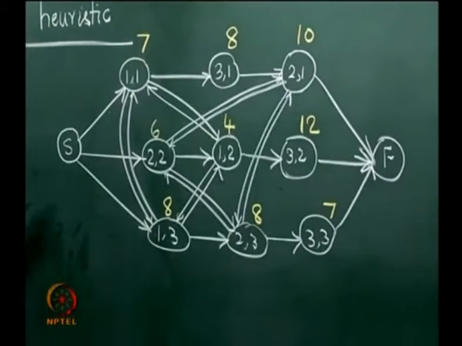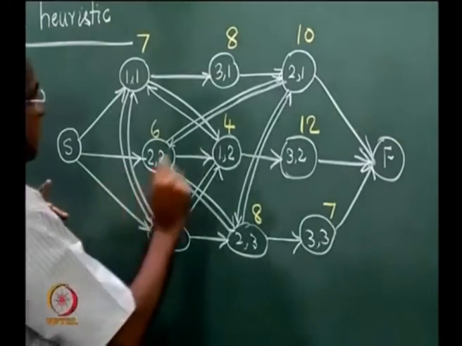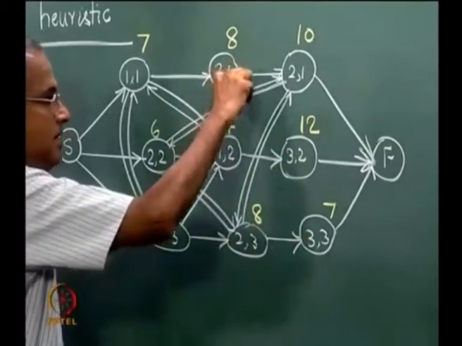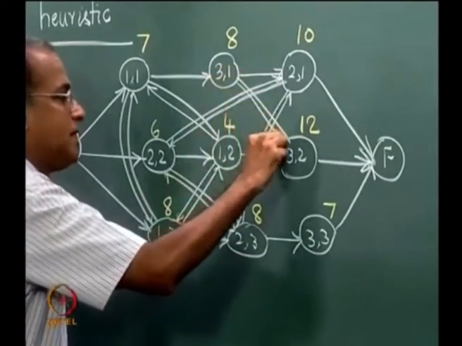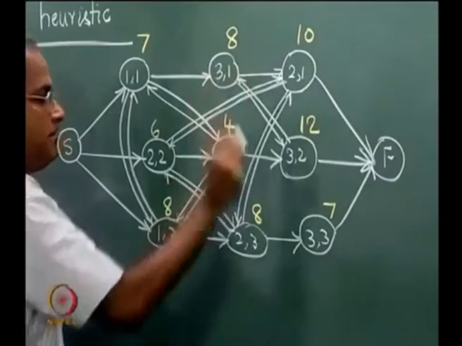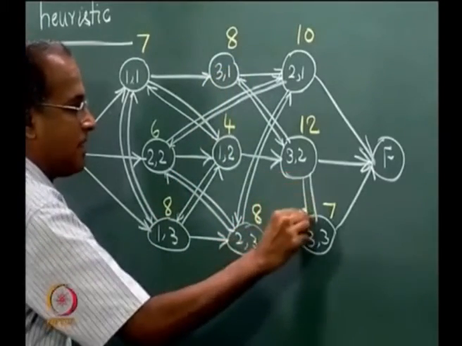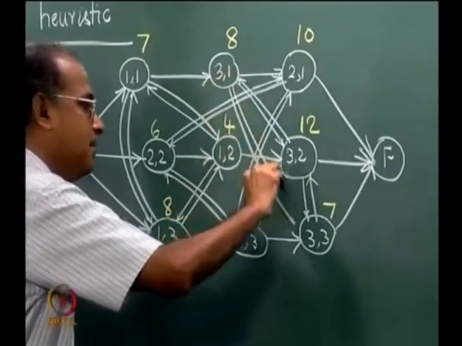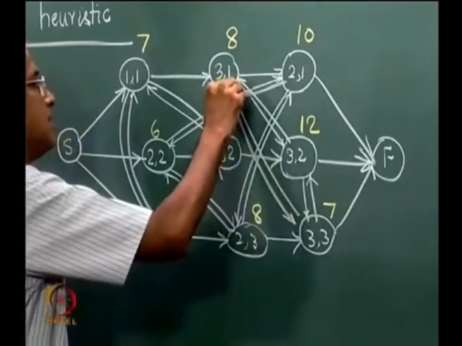As I mentioned, for every pair in the final solution, only one of the arcs will be active. Now, similarly for machine 3, which figures in 3 different places here, we will have one set like this, one set like this, and the third set like this.